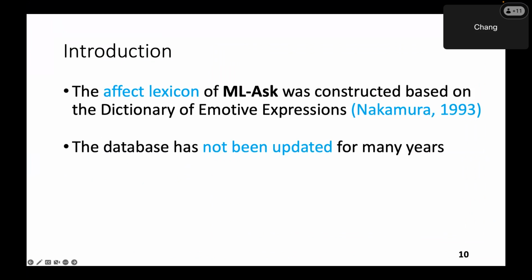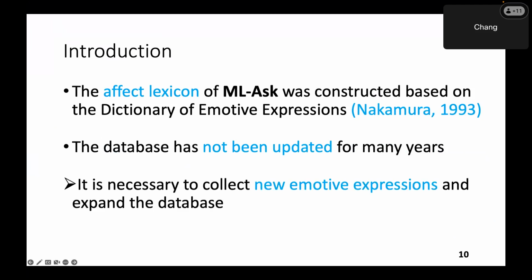And thus, many contemporary emotive expressions have not yet been included. Furthermore, the database has not been updated for many years, and it is still unable to respond to new emotive expressions that have started to be used since the spread of the internet. So, to solve this problem, it is necessary to collect new emotive expressions and expand the database.